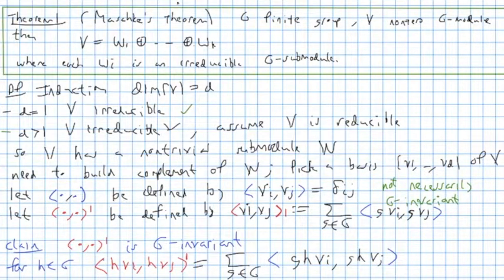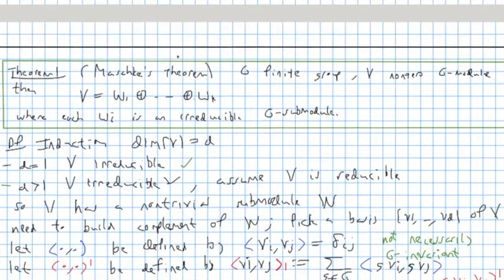So this is equal to the sum over the group of g vi, g vj. And this is precisely the original inner product, so the second inner product at vi and vj. So I was able to construct a G-invariant inner product, this one with prime, the one that's red.